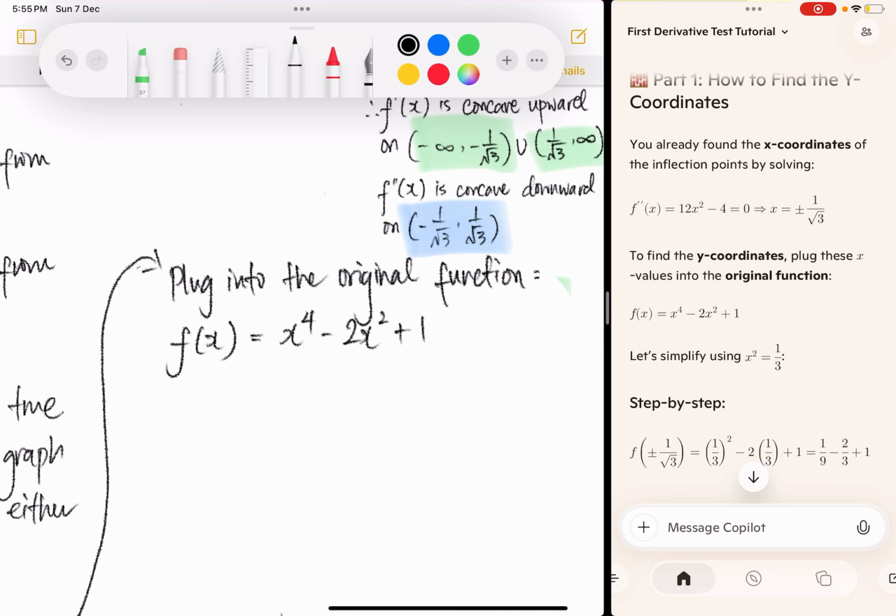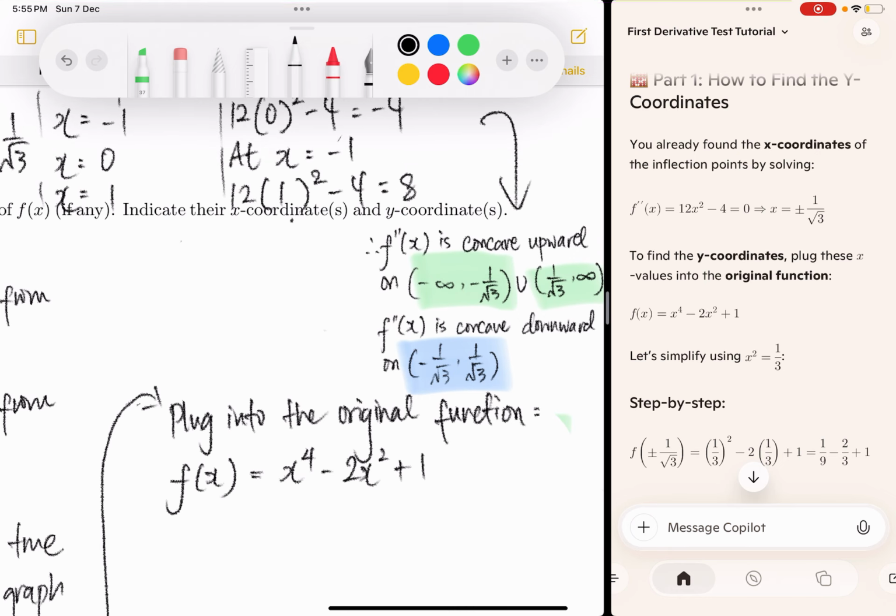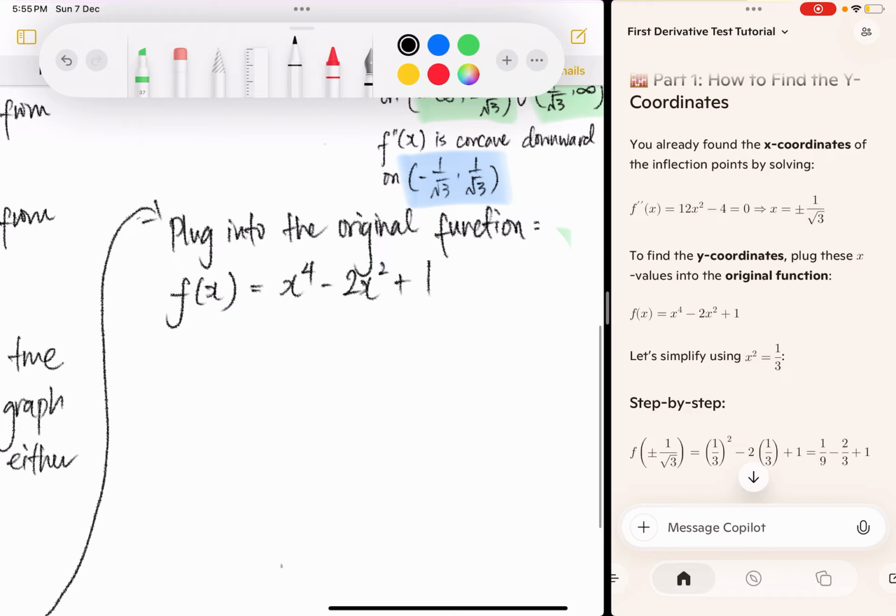In order to get rid of a square root, let's say it's square root 3, you just need to multiply it by 2. Then get rid of that. So by inputting f of plus minus 1 over square root of 3, we can do this.